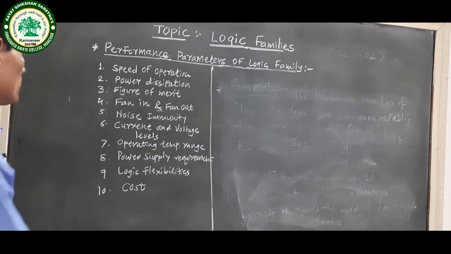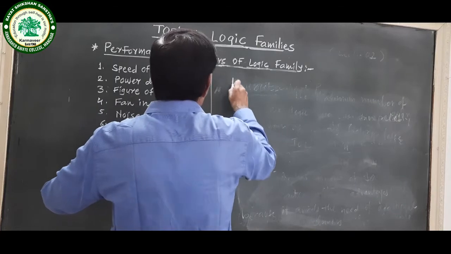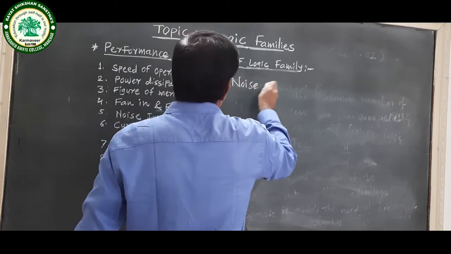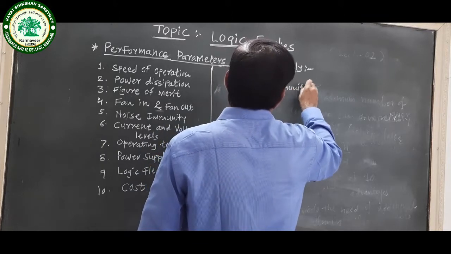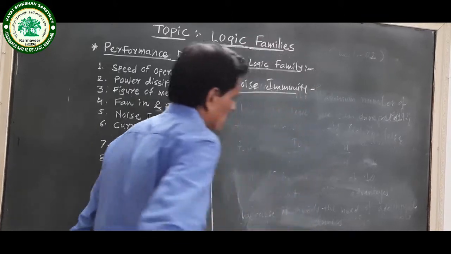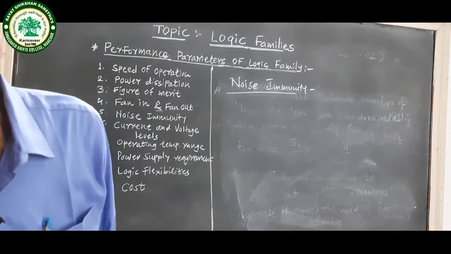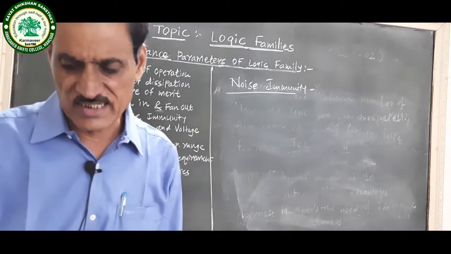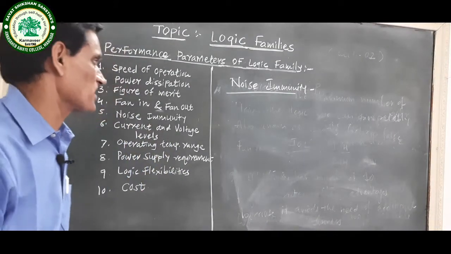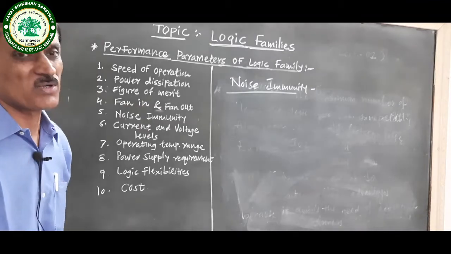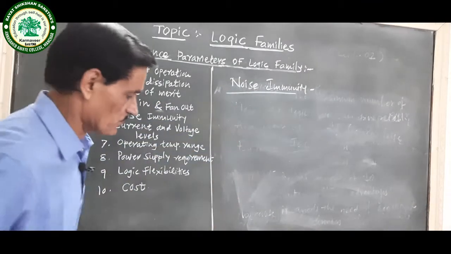Now I will proceed towards the next important parameter known as noise immunity. The ability of a device or circuit to tolerate noise signals is defined in terms of a parameter known as noise immunity.